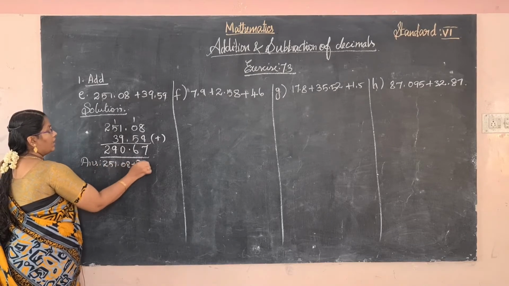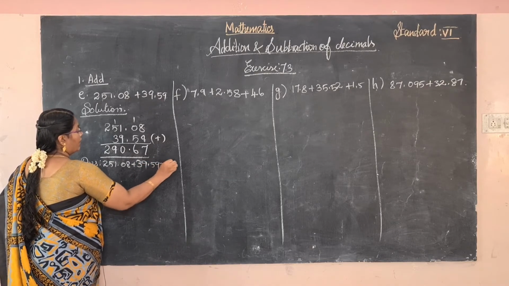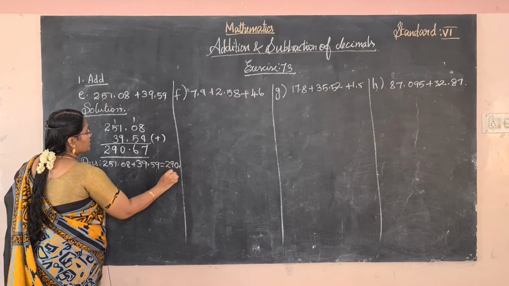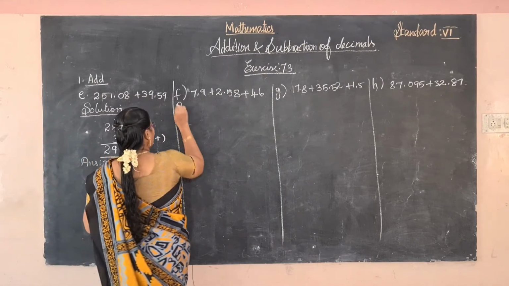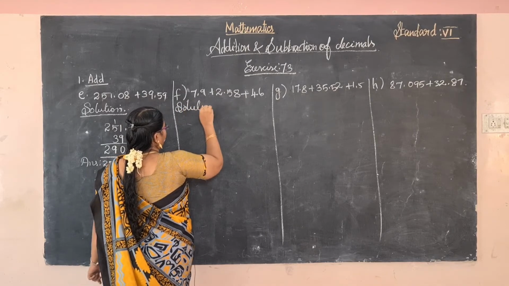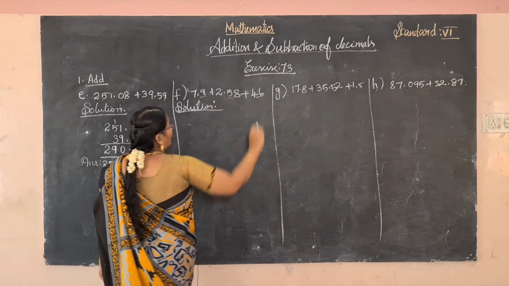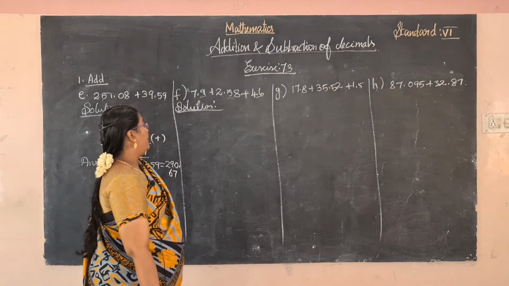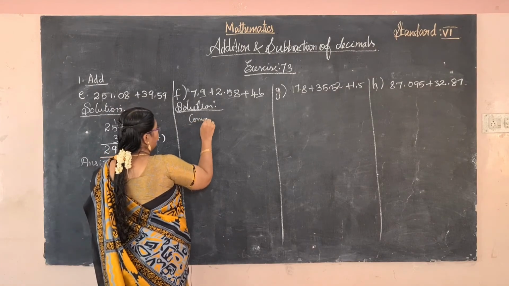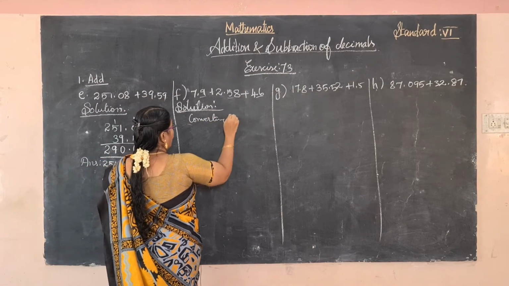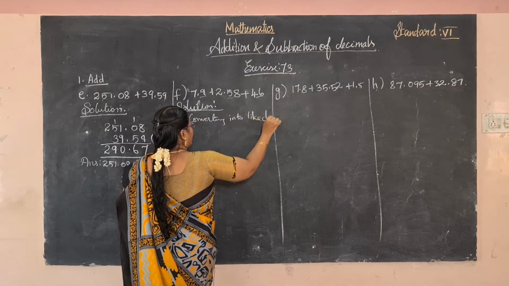You will write the answer like this: 251.08 plus 39.59 is equal to 290.67. Write this at the end of the problem. Okay, and the next solution: check whether the given decimals are like or unlike. Here unlike decimals are given, so convert them into like decimals.